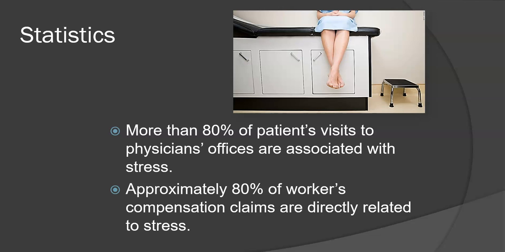And then the second statistic: about 80% of workers' compensation claims are directly related to stress. What that's referring to is compensation or pay that workers get when they have to take time off work.